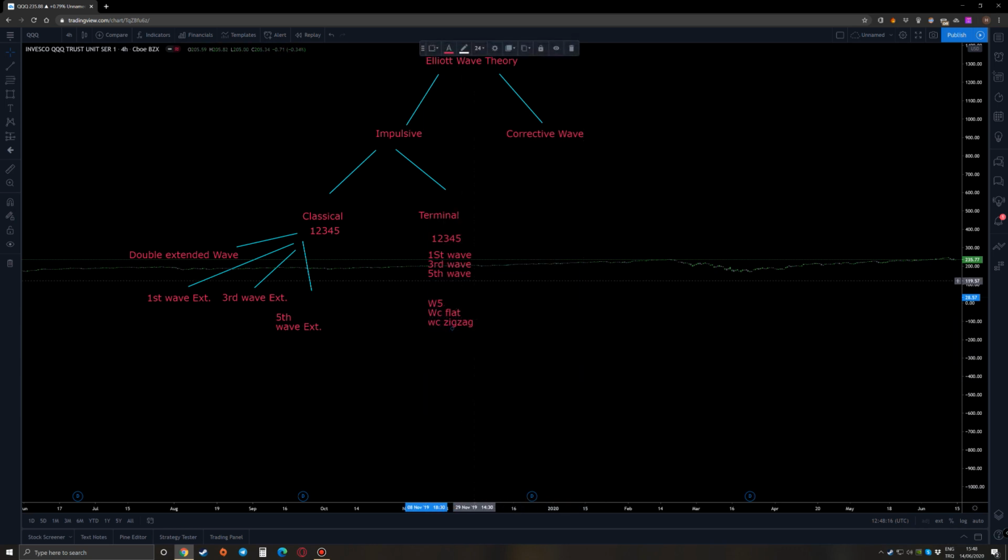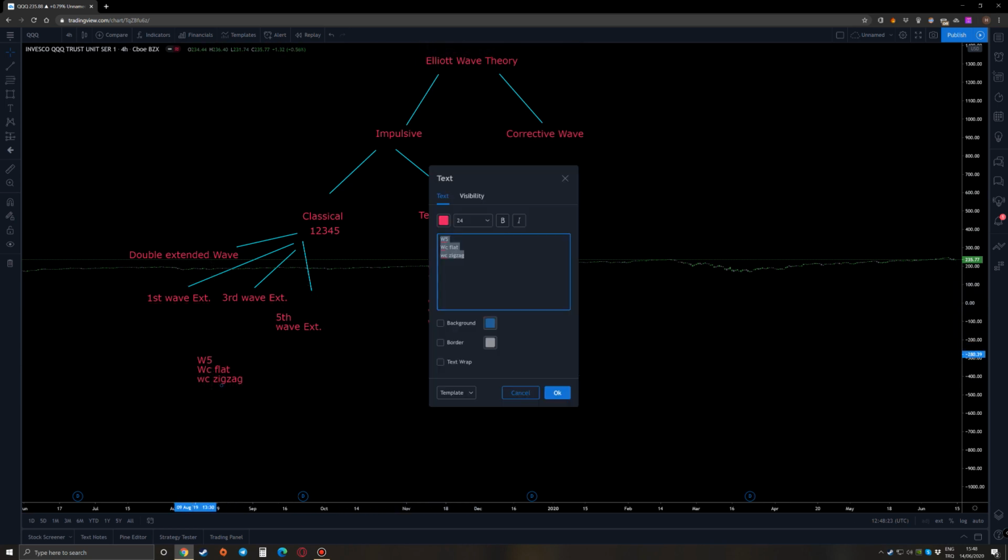Okay. Now look, from these questions that I asked, now I understand where I am. I will write it down for you too. So, if I am in a classical impulsive wave that is a third wave extension, it means that I can either be on a first wave, or on a third wave, on a bigger degree of course, or in a fifth wave, or wave C of a zigzag, or wave C of a flat, or wave A of a flat, of a zigzag, I'm sorry.